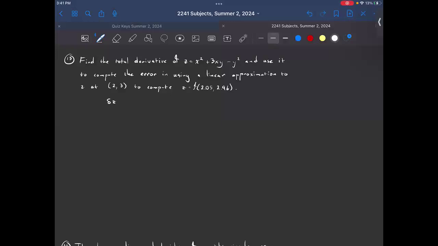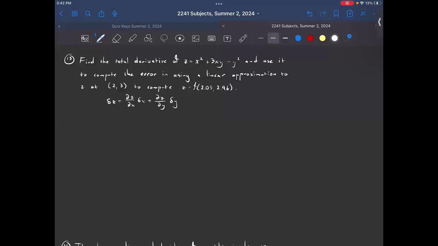Let's write delta z here is partial z partial x delta x plus partial z partial y delta y. Okay, so I need those partials and I need my delta x and delta y.